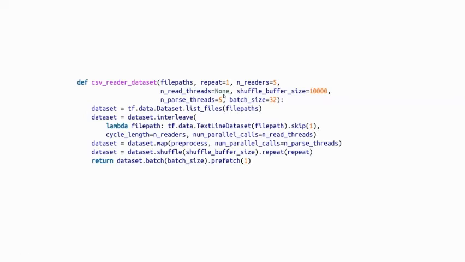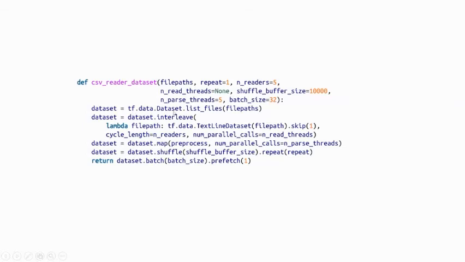That is the number of threads we are going to run in parallel in order to improve the processing, but right now we have given it as None. The buffer size used for shuffling is given as 10k. The number of parse threads is given as 5, that is again a number of threads which we can run in parallel, and the batch size is given as 32.